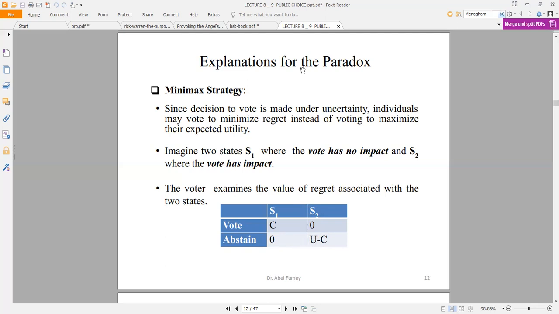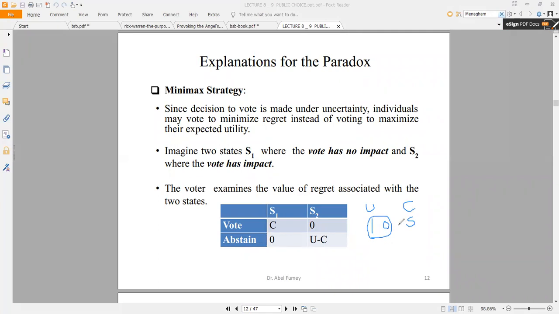Just assuming that you were expecting to get a utility of 10 from voting. Let me write this. The utility that you were expecting to get was 10. Assuming you vote, you incur a cost of 5. Now, if I didn't vote at all, I have sacrificed this amount, so my regret here is 10. But I didn't vote, so I didn't incur this cost.